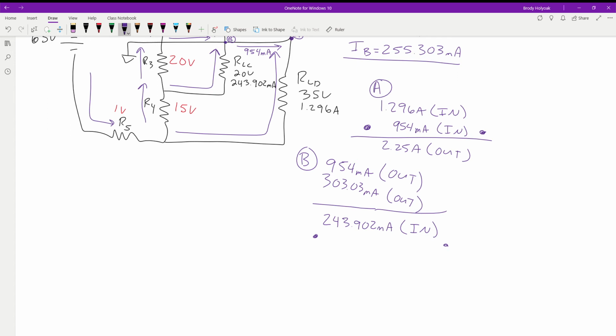So to get these to be equal, this gives us a total of 1.257 amps going out. And we only have 243 milliamps coming in.